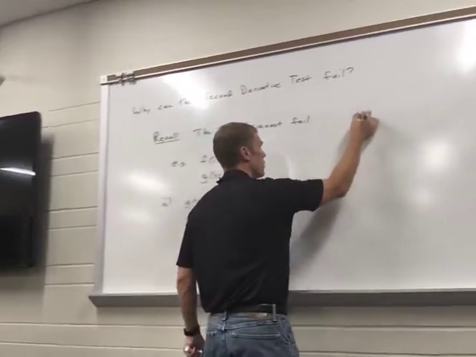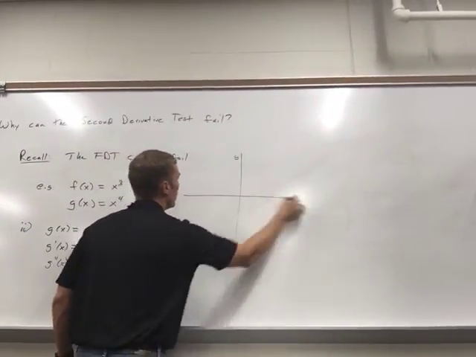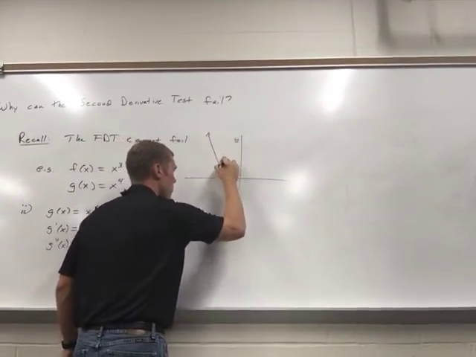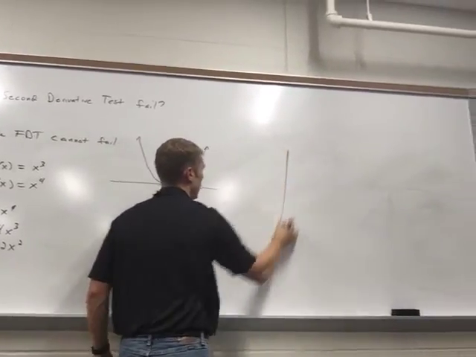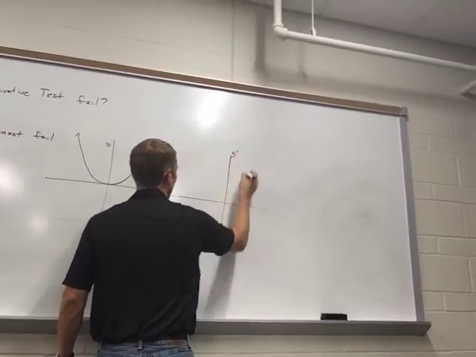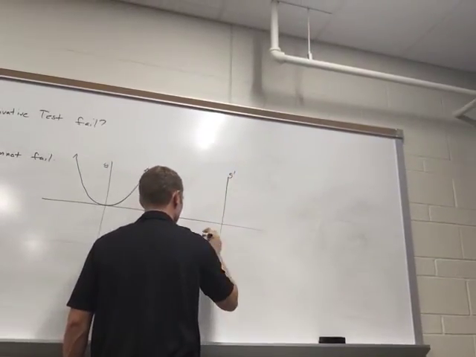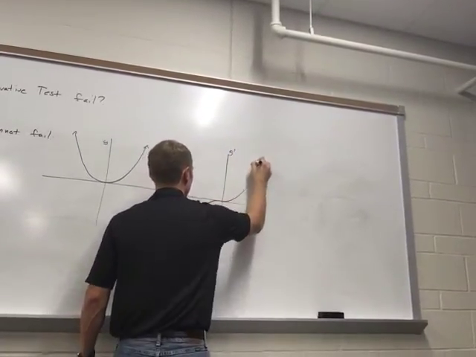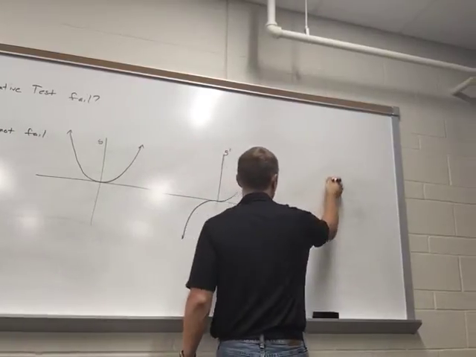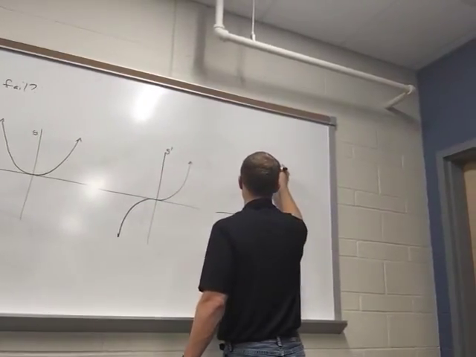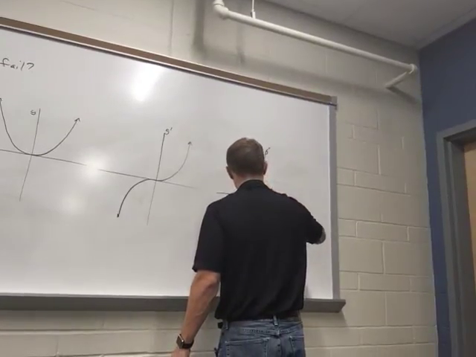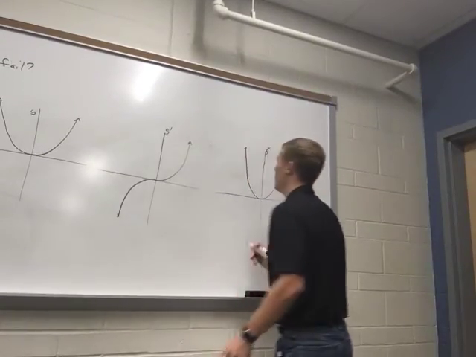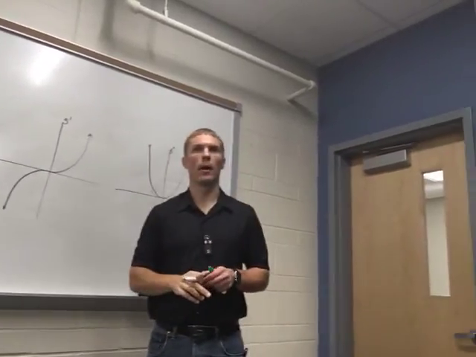Again, graphing the three functions. G now looks like this. G prime now looks like that. And g double prime looks something like that. Again, forgiving my bad drawing abilities.